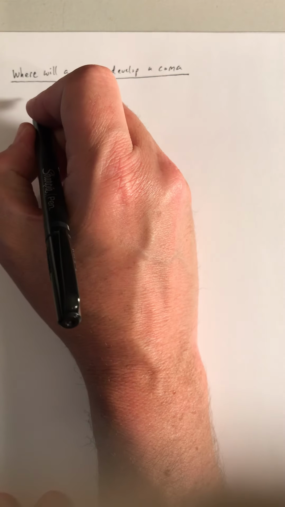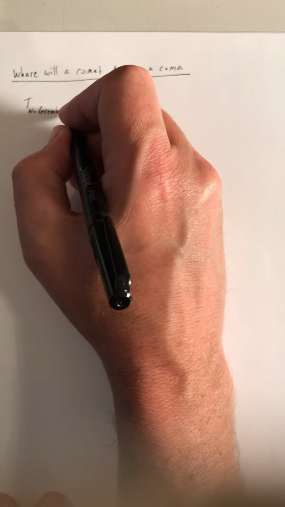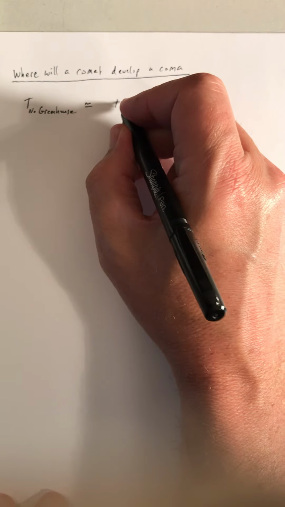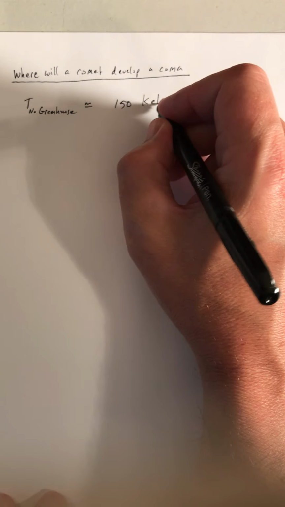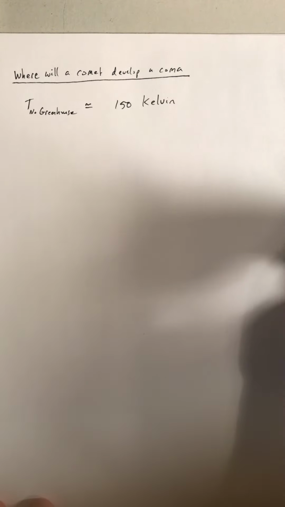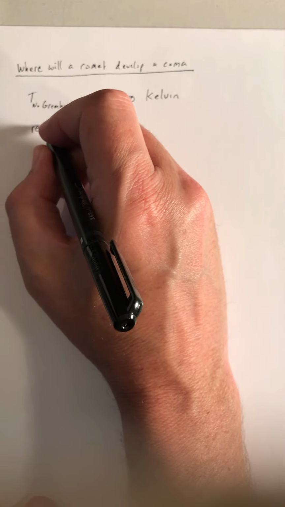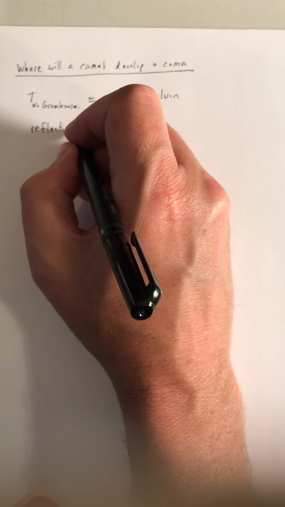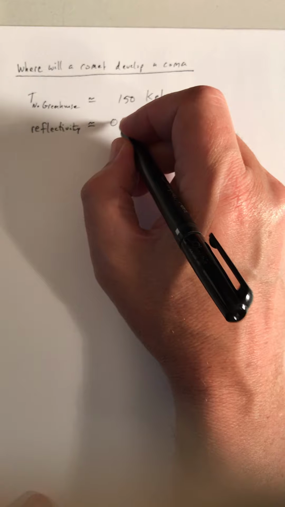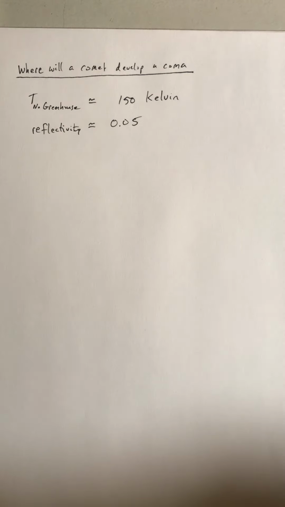It's going to happen at a temperature of about 150 Kelvin. Consistent with the dirty snowball model for comets, comets have a pretty low reflectivity, not that far off from asphalt. So reflectivity is about 5%, so 0.05. So they absorb 95% of the sunlight and reflect 5%.